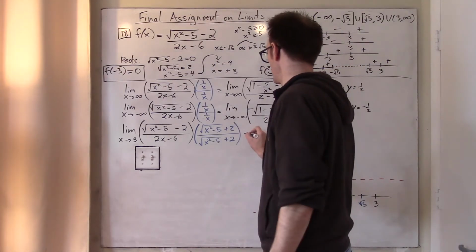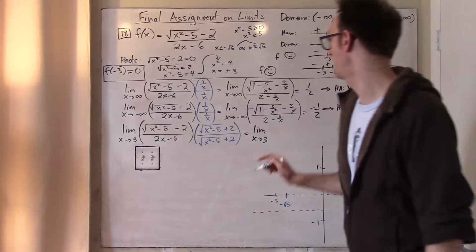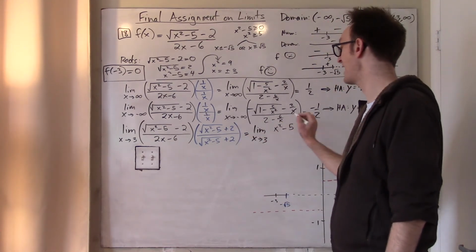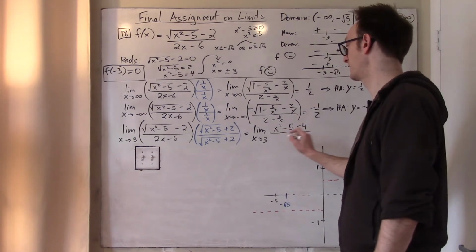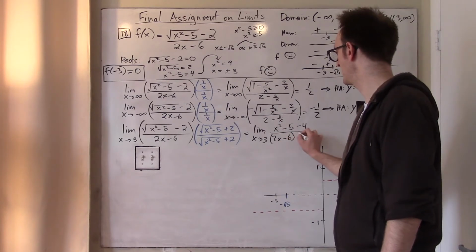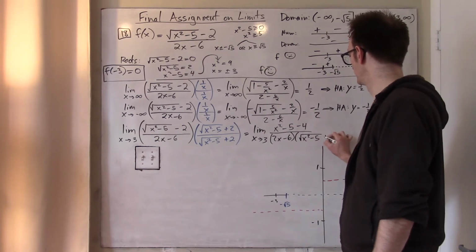Let's keep on going. This becomes the limit as x approaches 3 of, well, I get on the top x squared minus 5 minus 4 over 2x minus 6 times root x squared minus 5 plus 2.